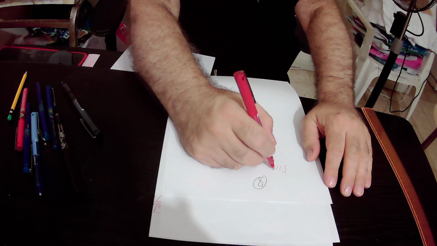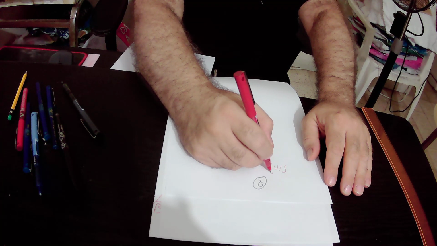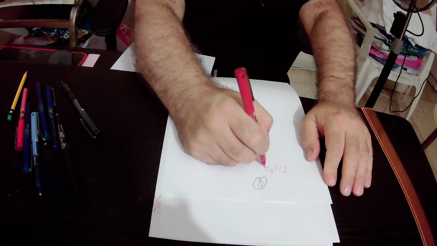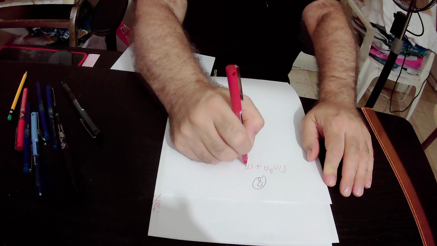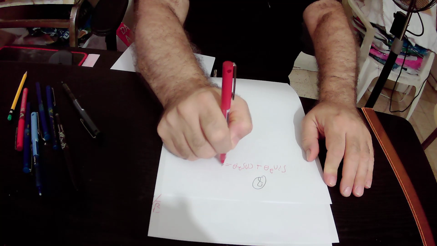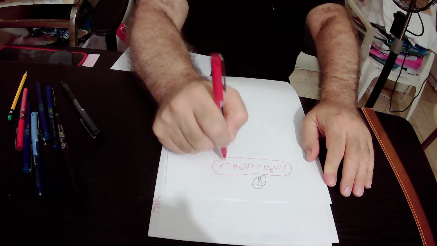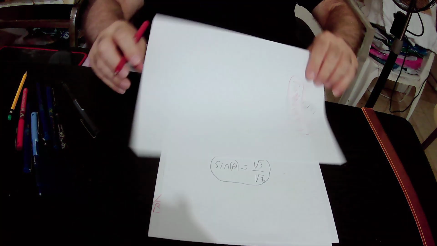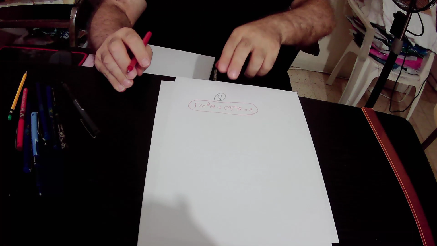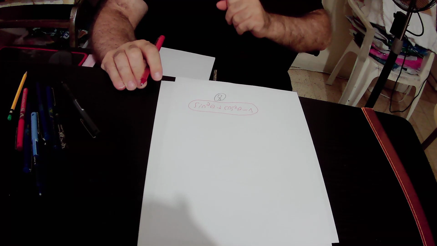The trigonometric identity is sinus theta squared plus cosinus theta squared equals 1. Okay, we will use this trigonometric identity in order to find out the value of cosinus theta.